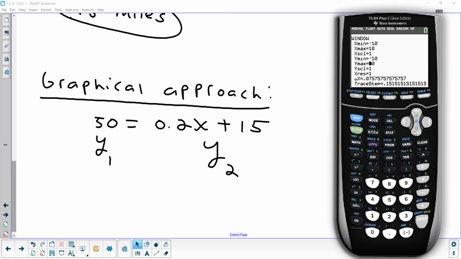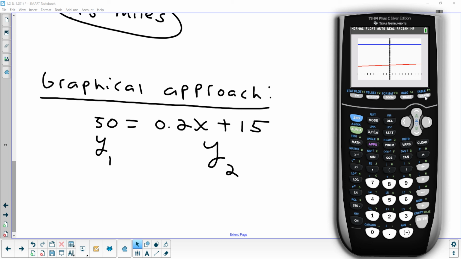Now, what I do is I always go a little bit past what I need, so that what I'm looking at isn't right on the edge of the screen, because then sometimes it's hard to see. I know I only need to go to 50, but let's go to 60. Now, when you put your y-max on 60 and hit graph, okay, now we see something. There's my line at 50, and there's my other line with a slope of 0.2 and a y-intercept of 15.